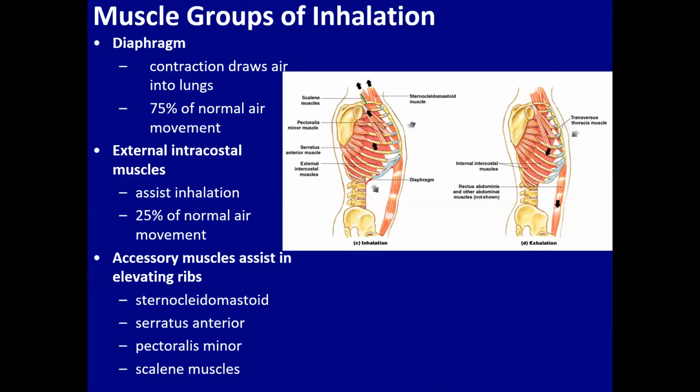When you are exhaling, think about your transversus thoracic muscles. Okay, put your hand on your chest and blow out. Feel your rectus abdominis. You blow out, and you can see that we have other muscles that are going to assist with breathing.